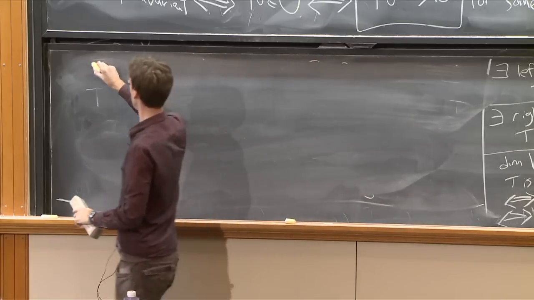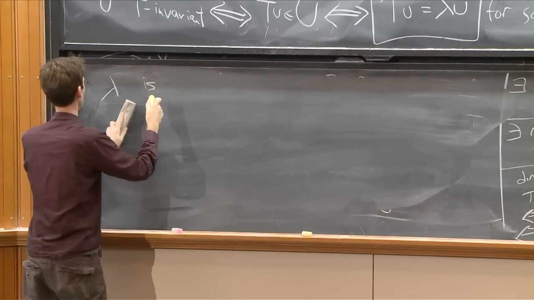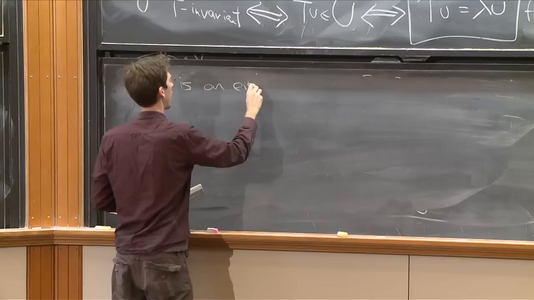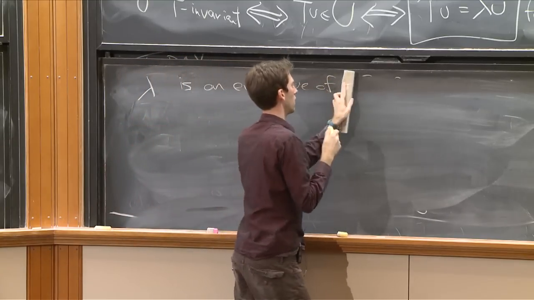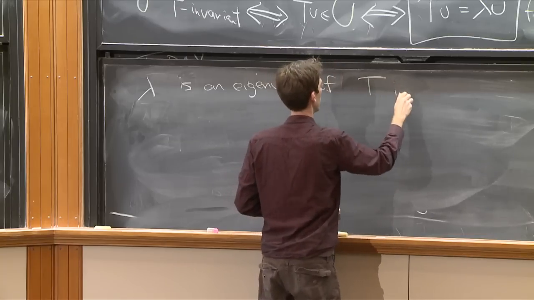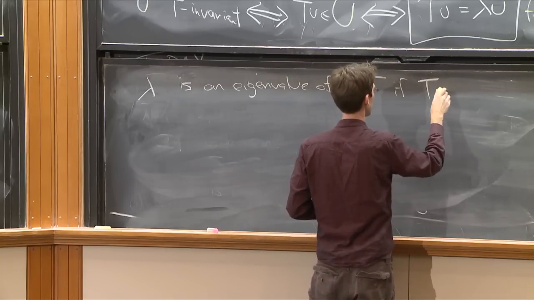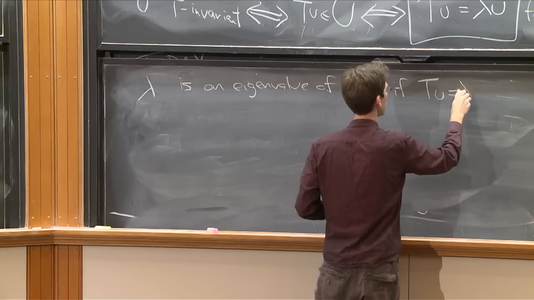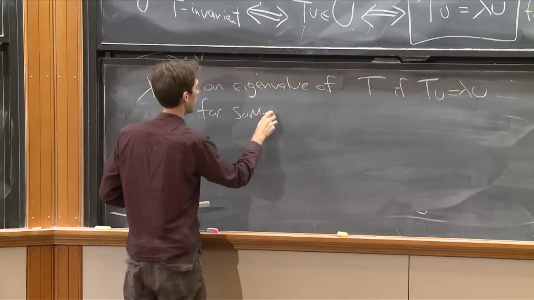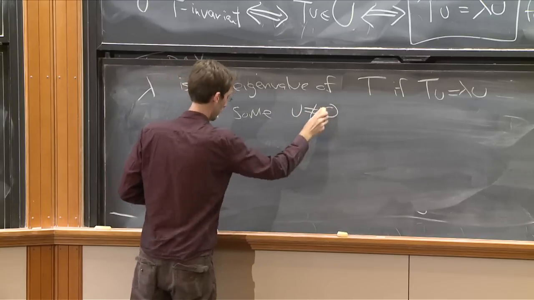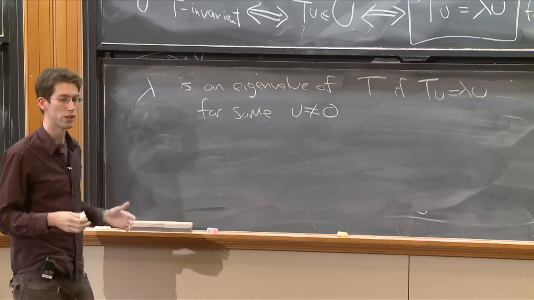So we say that lambda is an eigenvalue of T if TU equals lambda U for some non-zero vector U. So the non-zero is crucial.